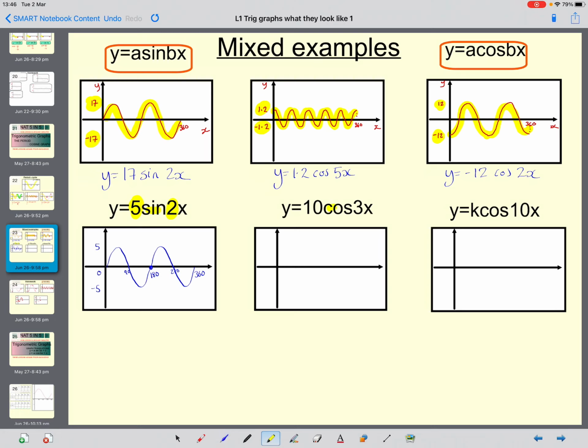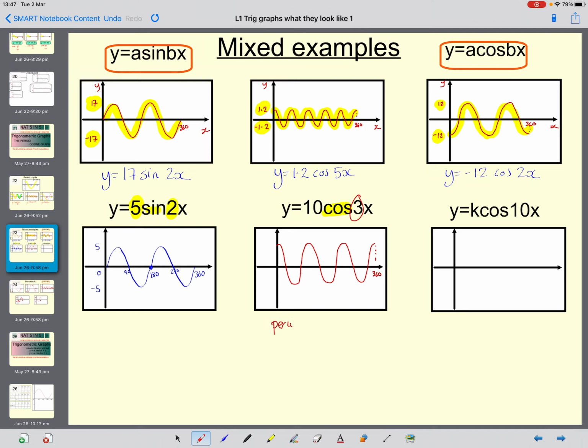Next one, I can see that it's a cos graph I want to draw, and this one tells me there's 3 of them within the period of 360. So I'm going to draw 1, 2, and then 3, within the period of 360. So what's each curve worth?